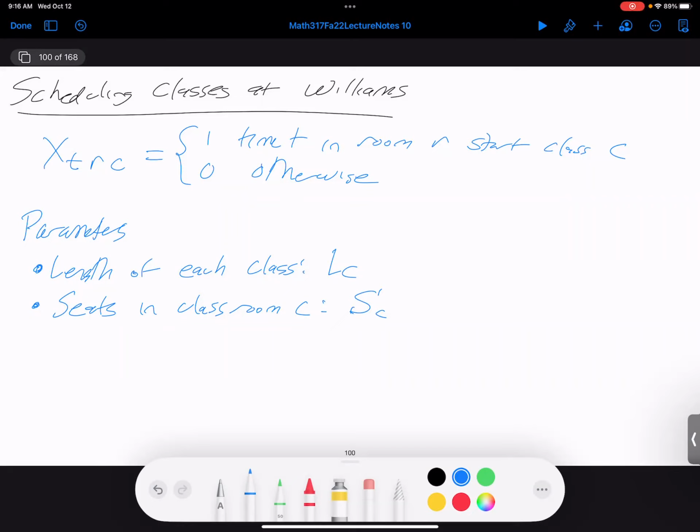There's huge demands for those classes. And so we could have, capacity, we need more letters. We haven't used enrollment, maybe, enrollment cap for class C. And so you might have a lot of students who want to take a class.